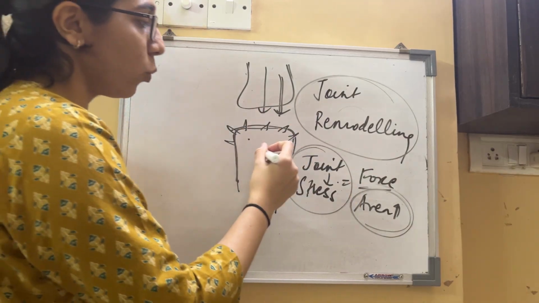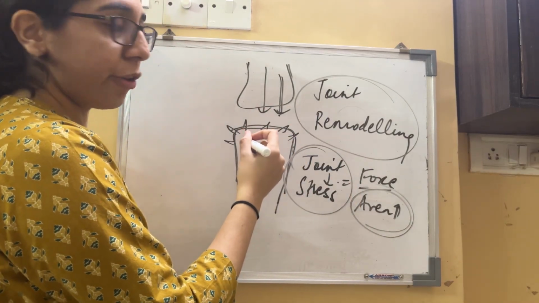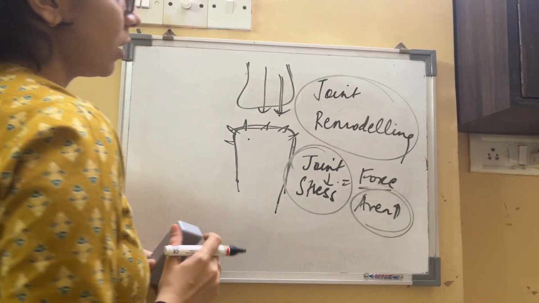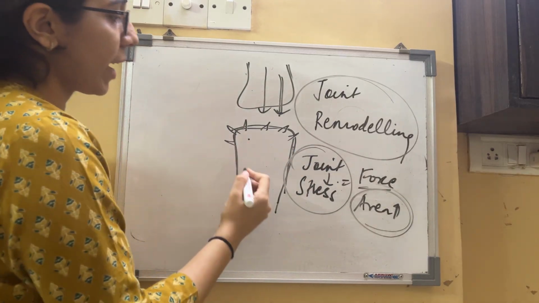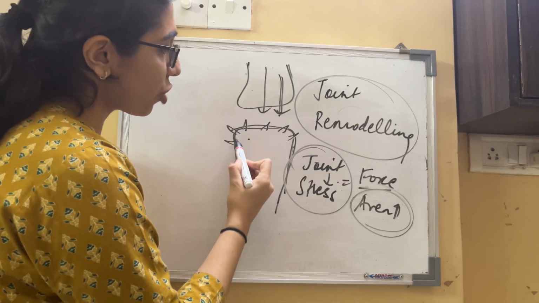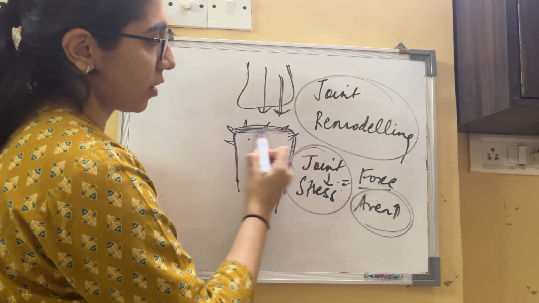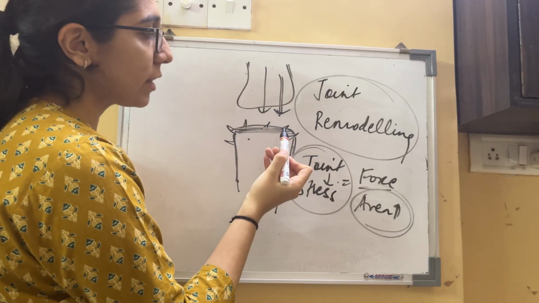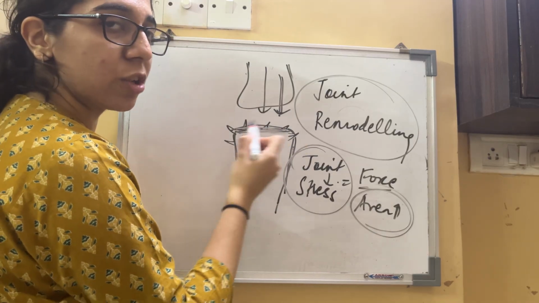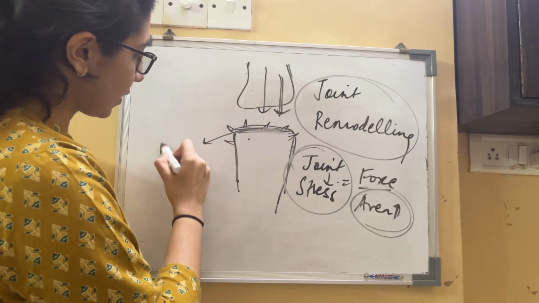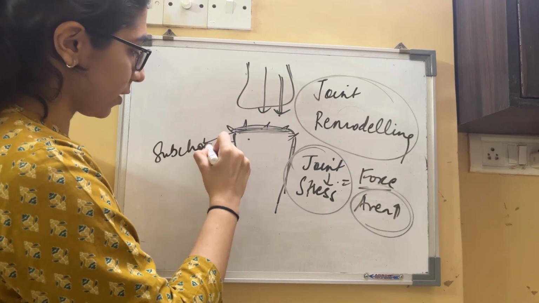So that is one way by which the force is dissipated. Next, there is deposition of extra bone beneath the joint surface. Again, this is to help redistribute the extra forces, and this is known as subchondral sclerosis.